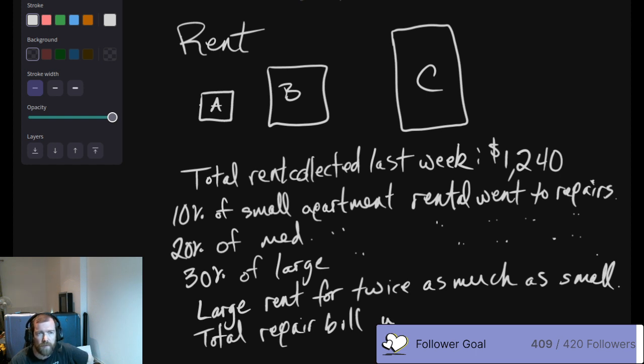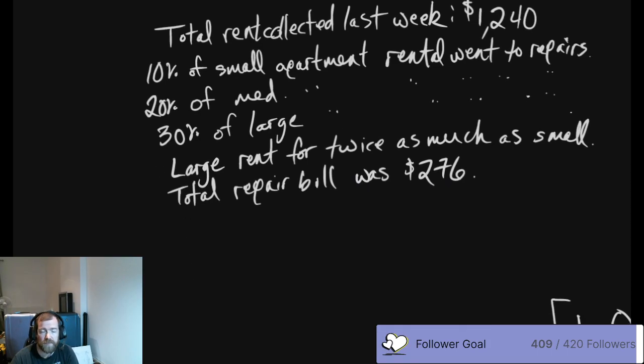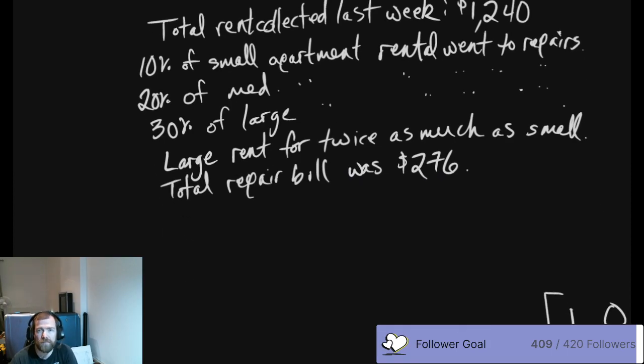And the total repair bill was $276 last week. So, sure. We're going to create a system of equations that reflects this particular setup, and then we want to be able to solve that system of linear equations, because they are just linear equations.